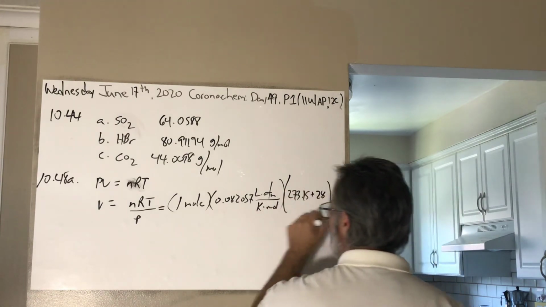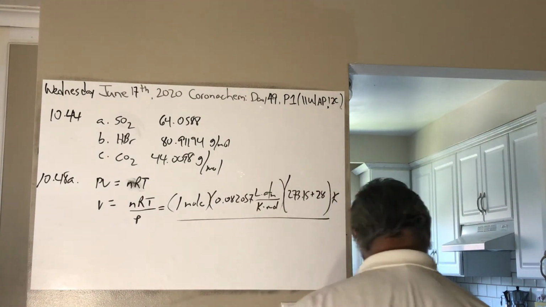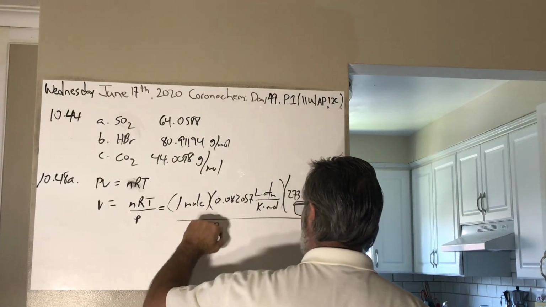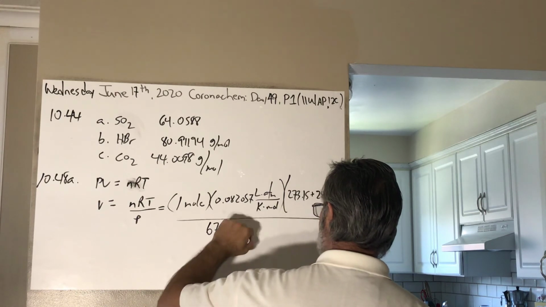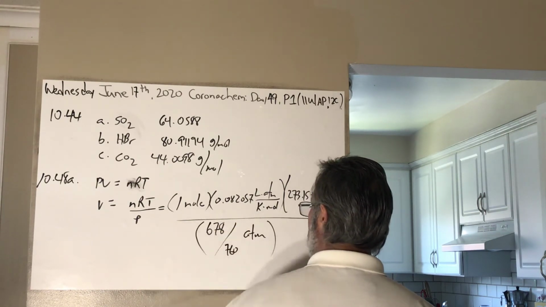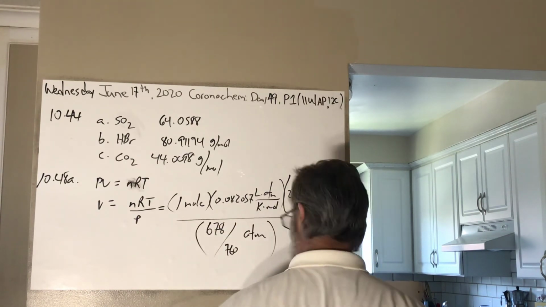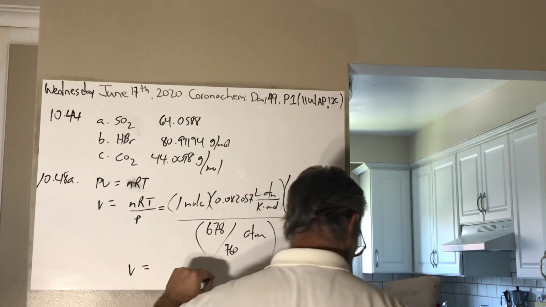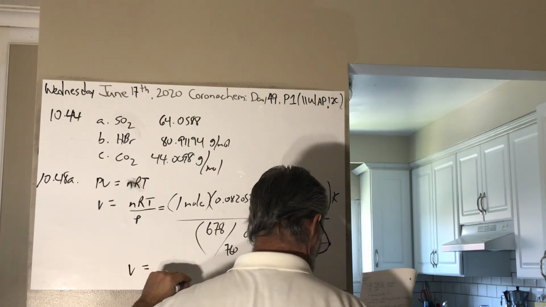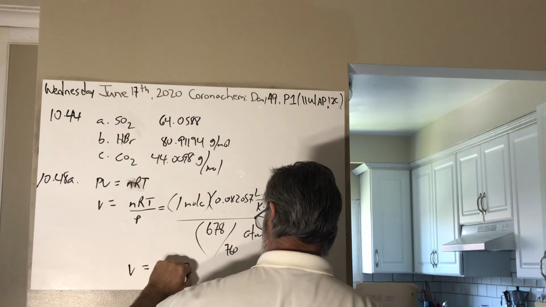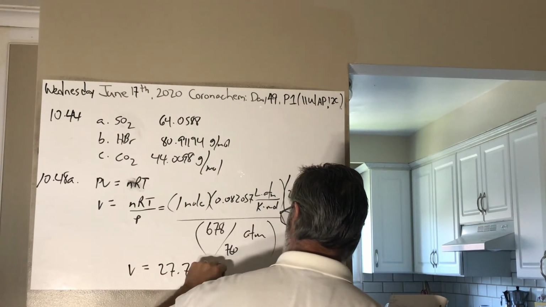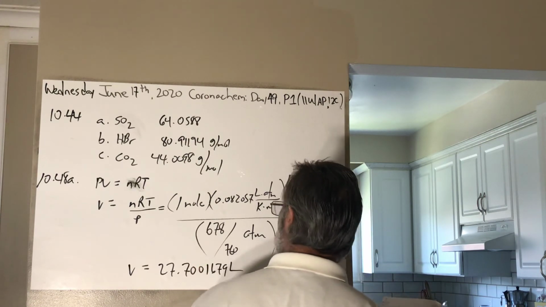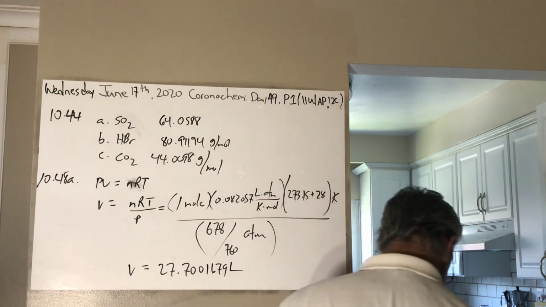Remember, we're always converting to the absolute temperature. And then we get 678/760ths of an atmosphere because we're dealing in torr. And what that gives us is a volume of 27.7001679. That is the volume in liters of this gas.